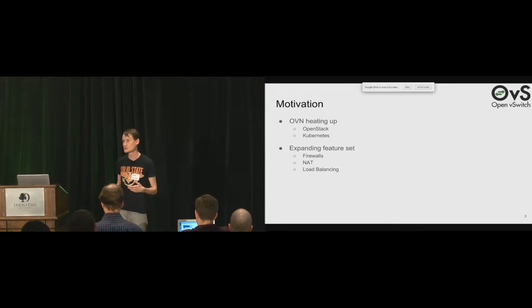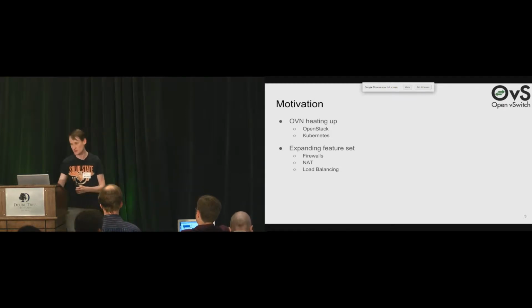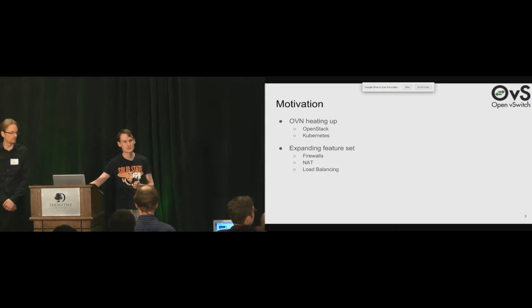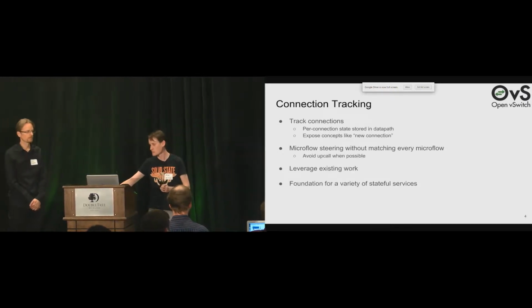And so what you need to be able to implement these in a more accurate manner that will work across all cases is really some sort of a stateful solution. I mentioned also load balancing there. I think it's, in a lot of ways, particularly with virtual server, it hits the same issues as NAT does.